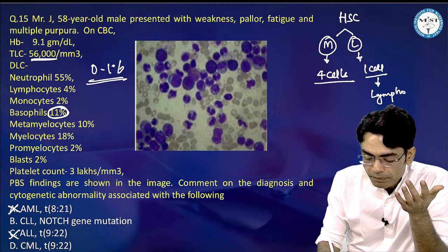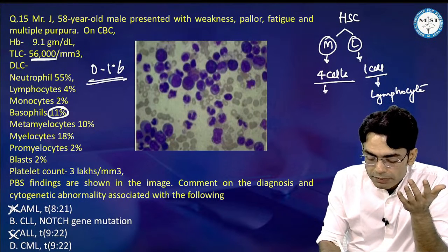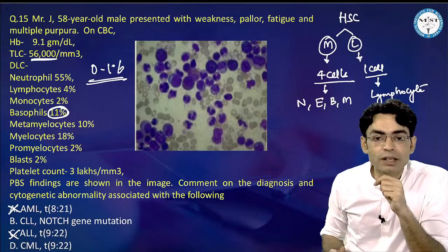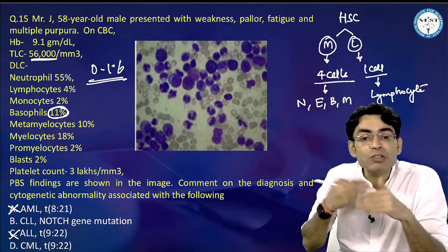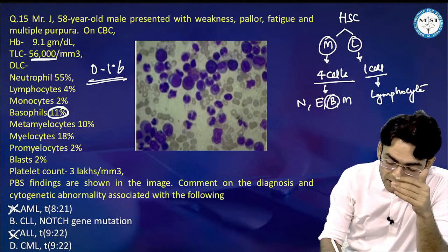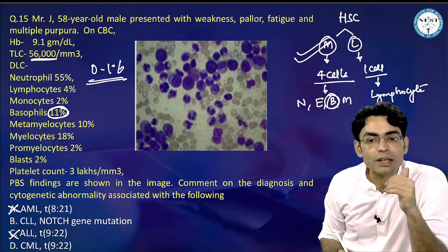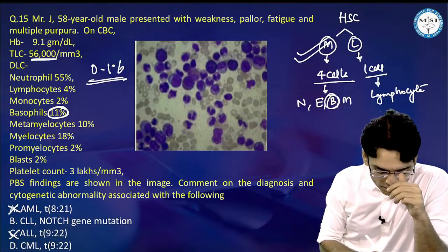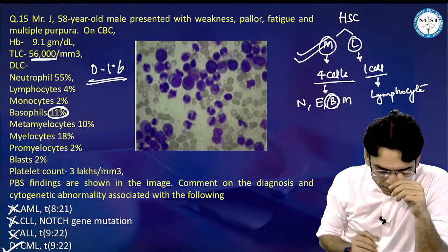Lymphocyte. And the 4 types here are neutrophil, eosinophil, basophils and monocytes. This all is coming from a myeloid cell. And you are seeing basophil more. So you are seeing this cell more, meaning this leukemia has come from where? Myeloid region. So what is the correct answer? Many of you have already given me the answer. Thank you very much. This is your CML.